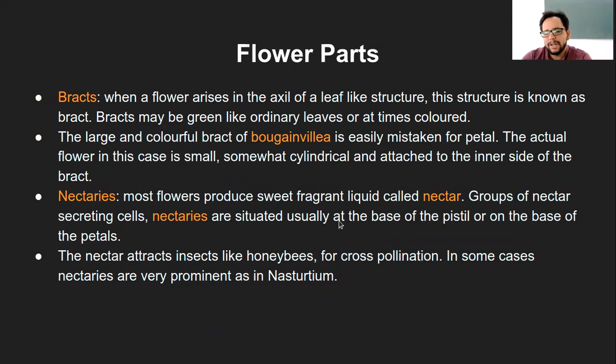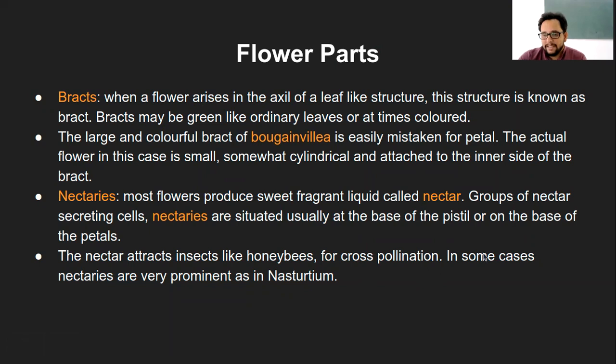They are usually located at the base of the pistil, the female reproductive structure, or at the base of the petals, that is, exactly at the base of the flower. Again, the function is to attract insects for cross pollination.